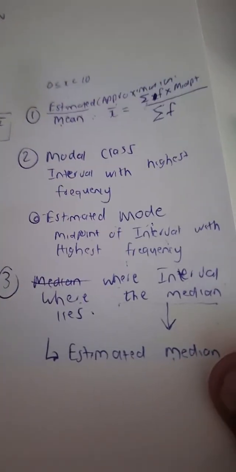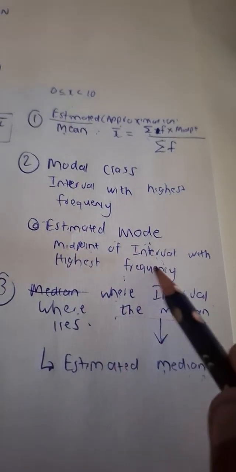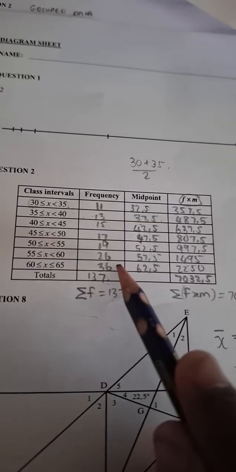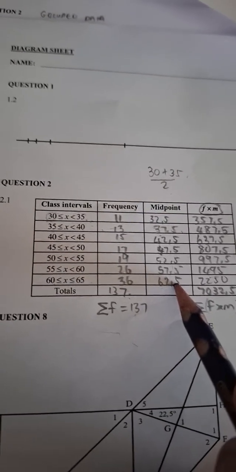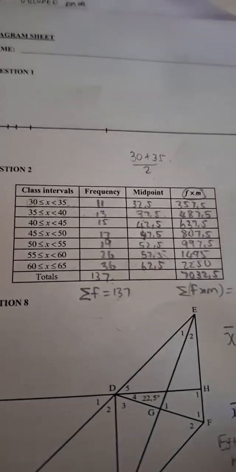The interval with the highest frequency is this one. What is its midpoint? 62,5. So if they had asked me what is the estimated mode, that's what I would have answered.